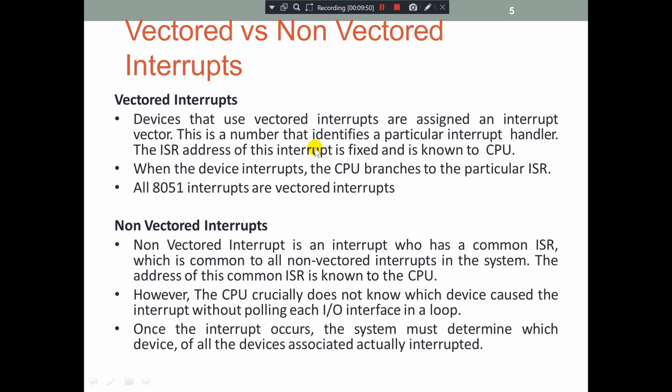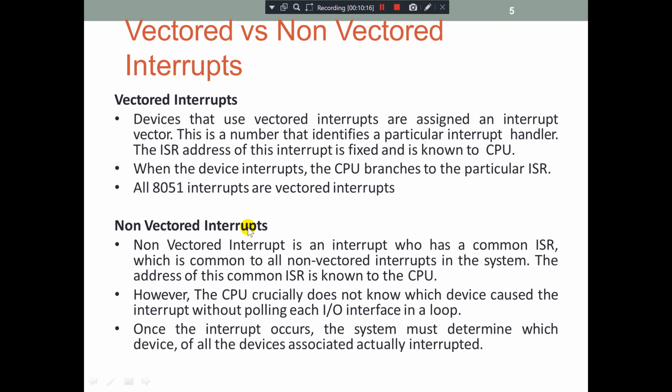The address of this interrupt is fixed and known to the central processing unit. When a device interrupts, the central processing unit branches to the particular interrupt service routine. All the 8051 interrupts are vectored interrupts.